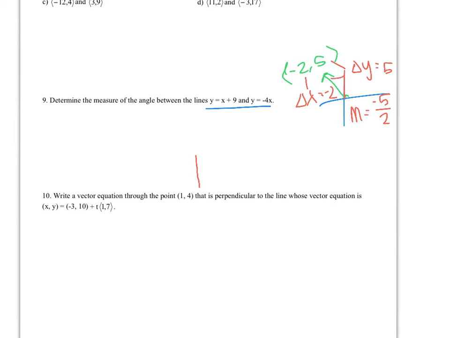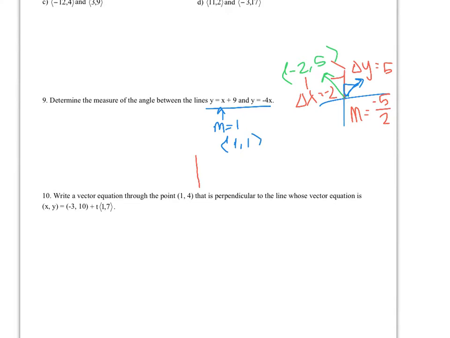So we're kind of going to go backwards now in number 9. Right now we're given this line, and we know that it has a slope of 1. So if we've got a slope of 1, let's think about what kind of component vector would represent that. That would be up 1 over 1. So back up here to my drawing, that would have a vector in component form of 1, 1.